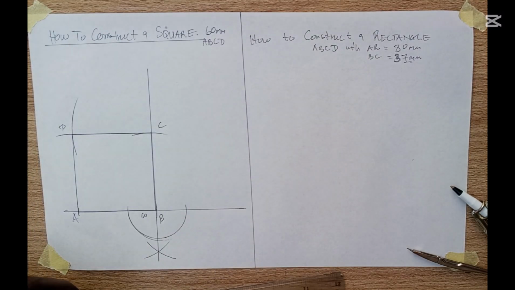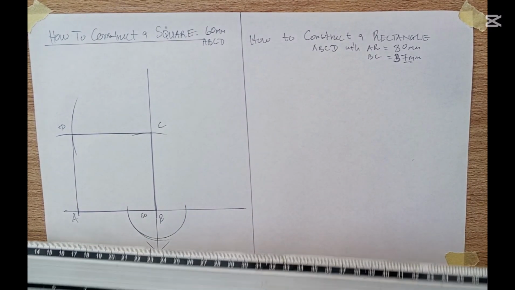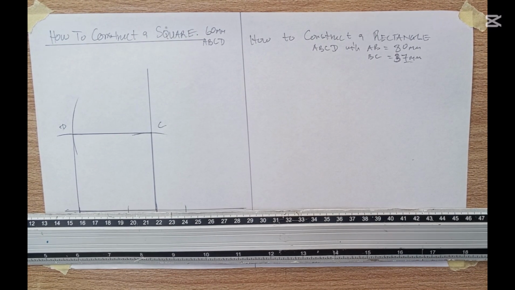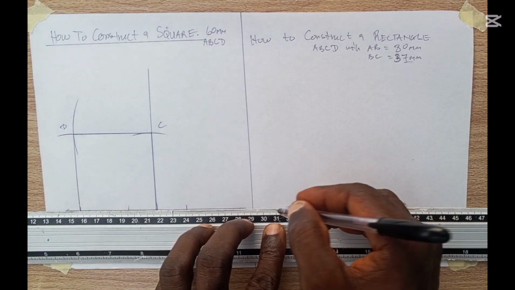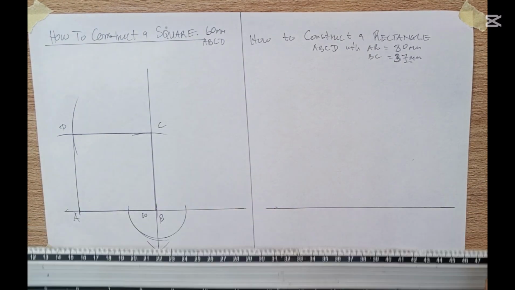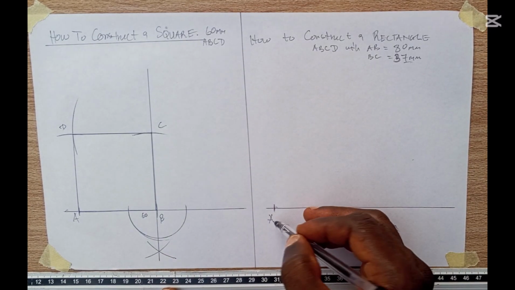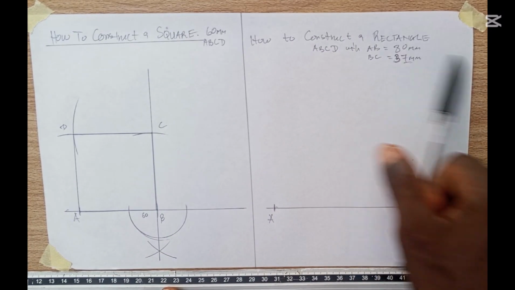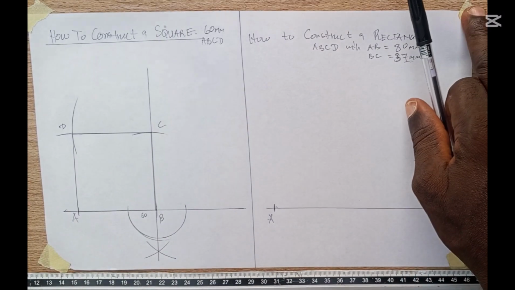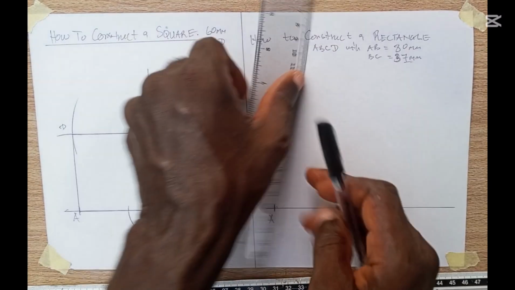The first thing you always do, like I always tell you, is to draw the horizontal line, not measured. On your left, get a mark. Let us call that mark A. The question said let AB be 80, so let me measure the 80.